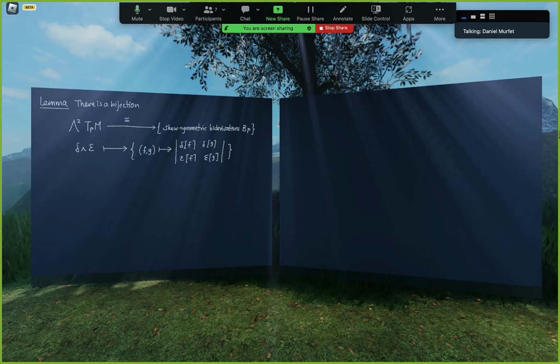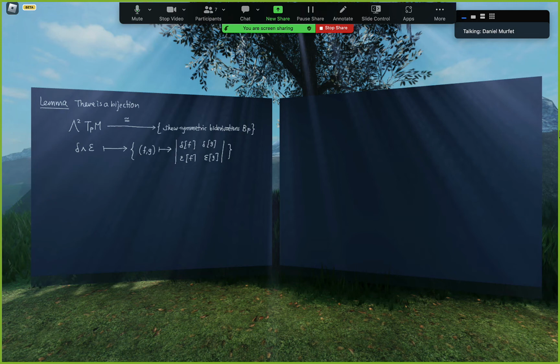So just some terminology. So delta is a tangent vector. I can apply a tangent vector to the germ of a function and get a real number, right? So this is a matrix of real numbers, and I compute its determinant, and that's what I send this pair of germs to.